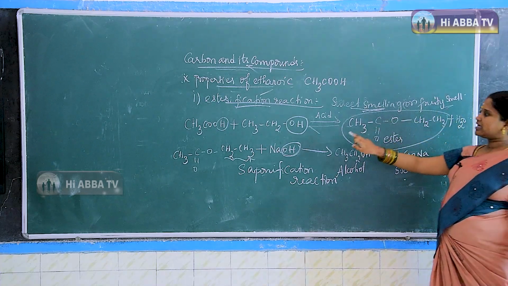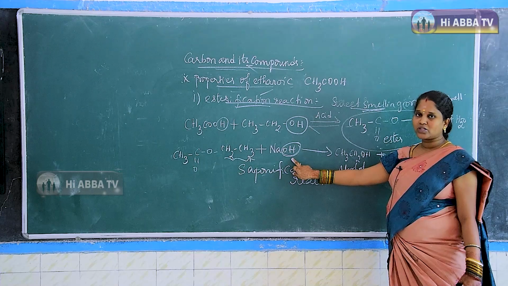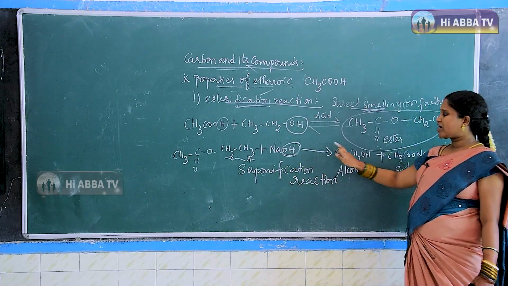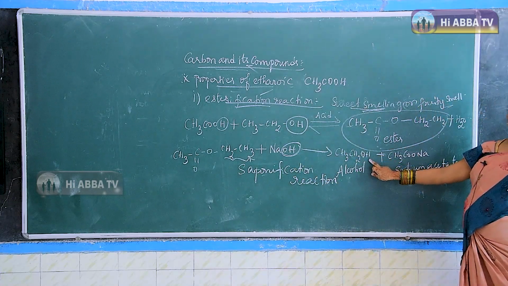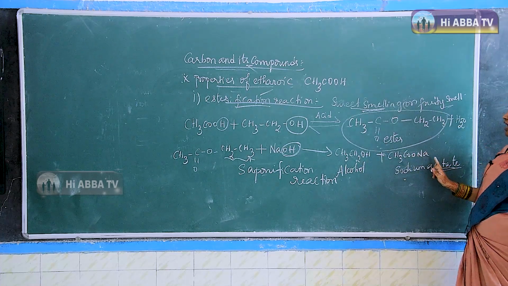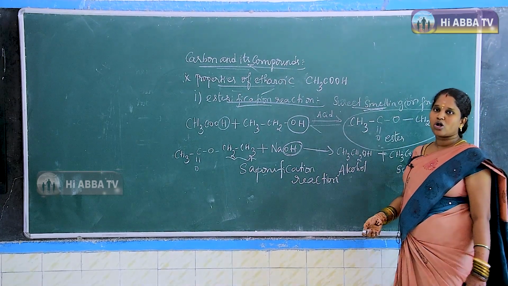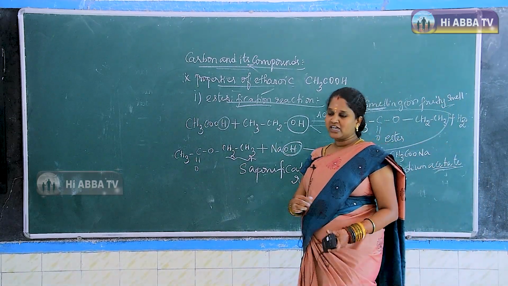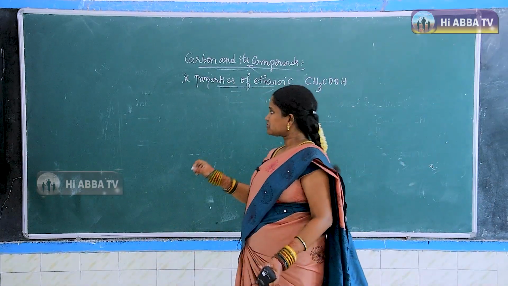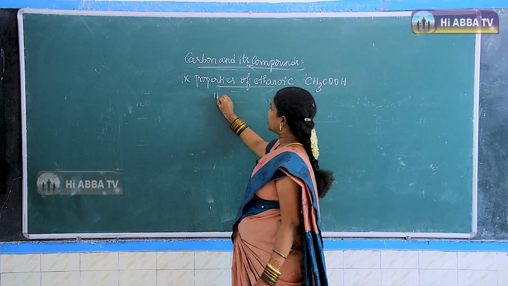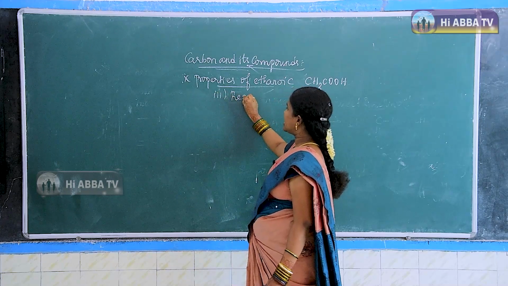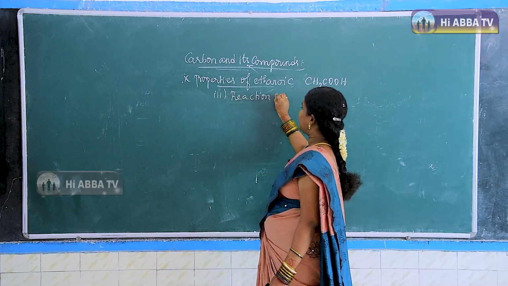This ester, when again reacted with the base sodium hydroxide, will give back alcohol as well as sodium acetate, and this reaction is called saponification reaction.